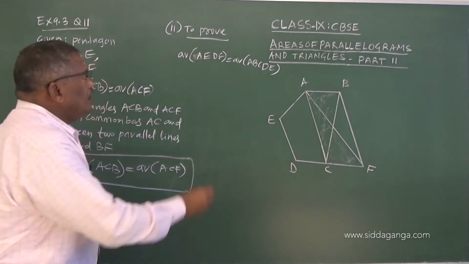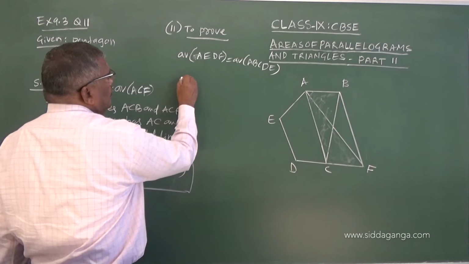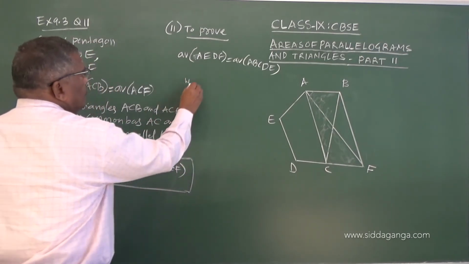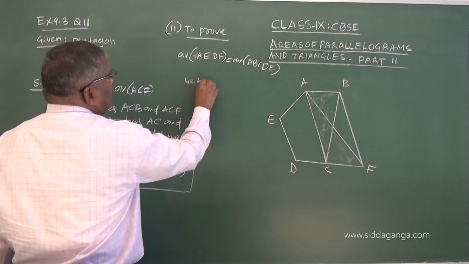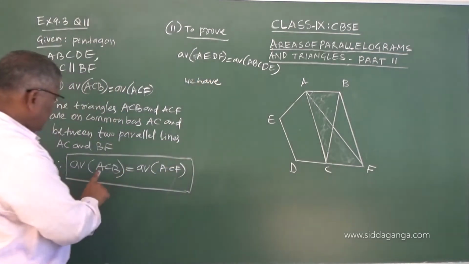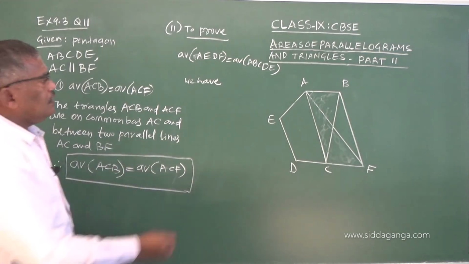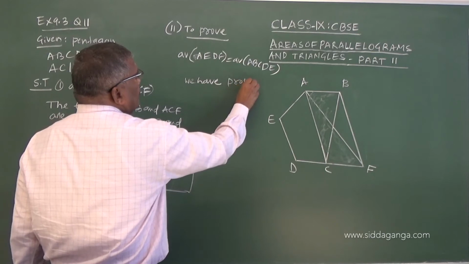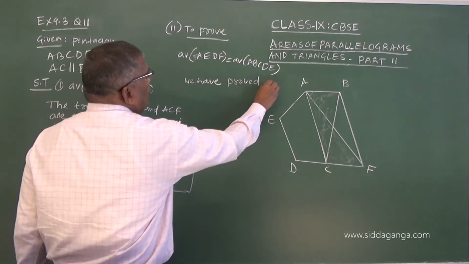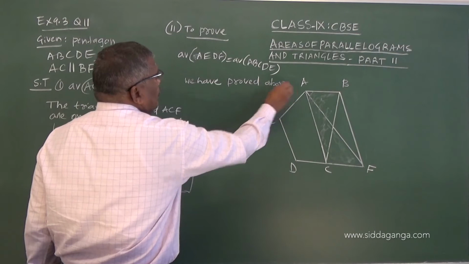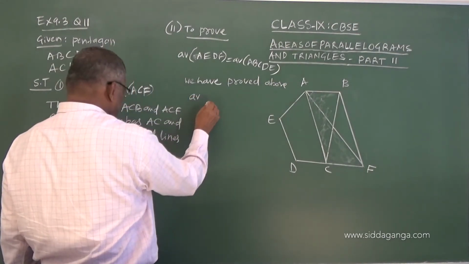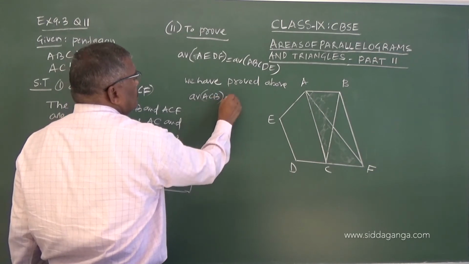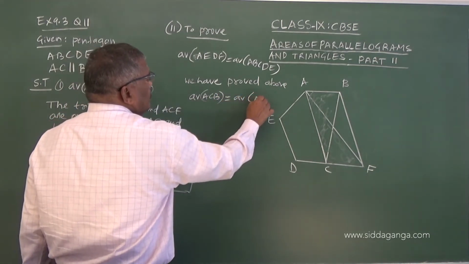So therefore, we have earlier result ACB equals ACF. We have proved above area ACB equals area ACF.